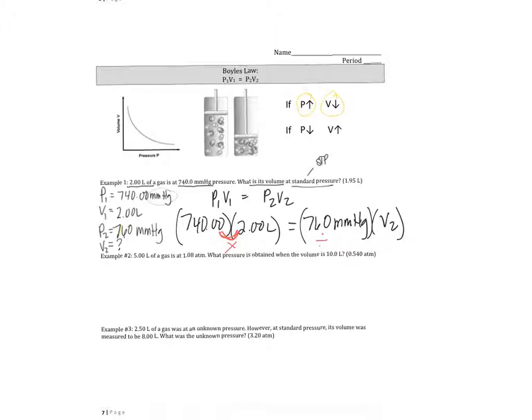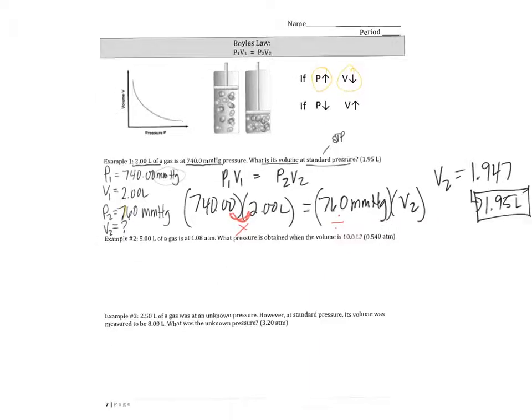So V2 equals 1.947. And you're starting out with basically 3 sig figs from what you're given. So this would round to 1.95, and that would be liters. Hopefully that makes sense. Let's try the next one.